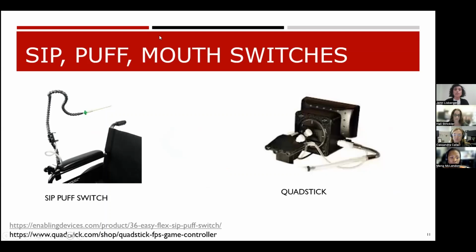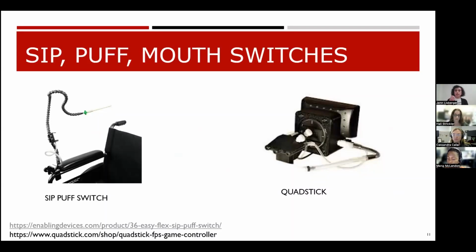We have some sip, puff, mouth switches. So you have the sip, puff switch as well as a quad stick. You're going to see a quad stick a lot if you ever see videos of individuals doing adaptive gaming. There are a lot of individuals out there who use that for adaptive gaming, and it's been marketed that way as well for a lot of different activities.